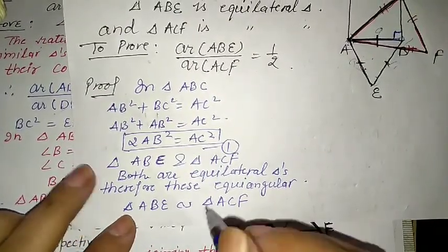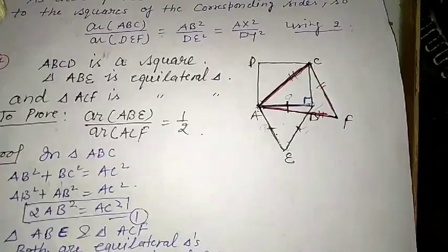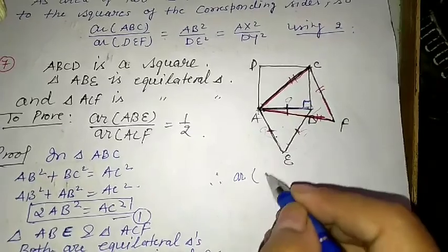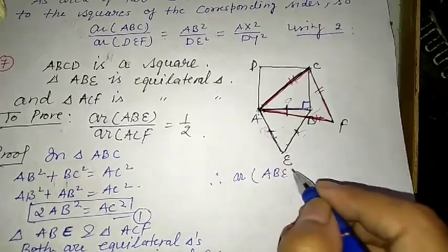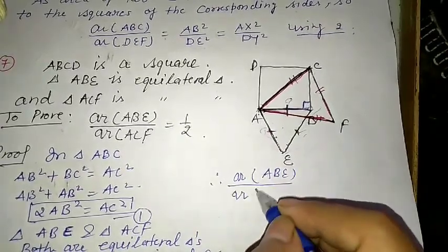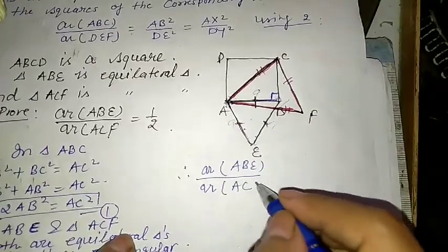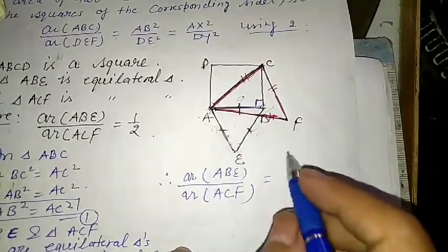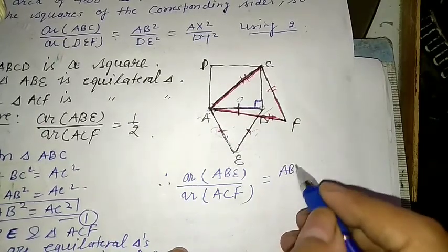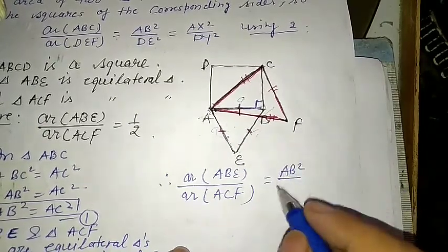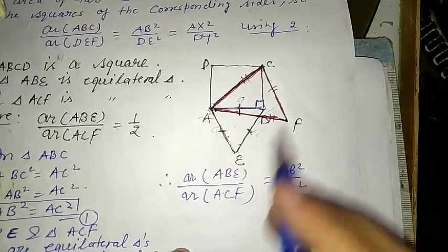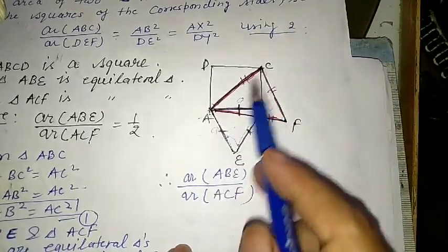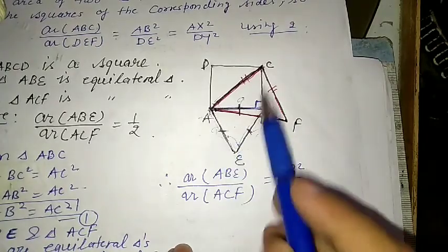Okay, if this is similar, what do we have? Area of ABE upon area of ACF is equal to, taking any corresponding sides, AB square upon AC square, AB of triangle ABE and AC of triangle ACF.